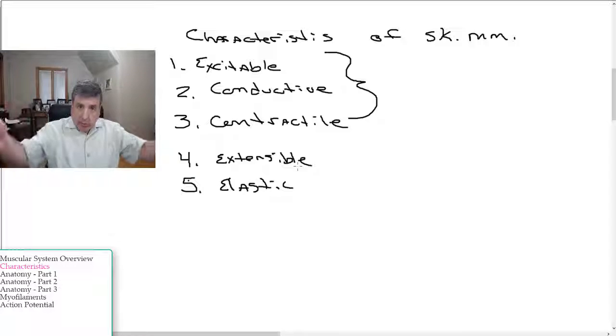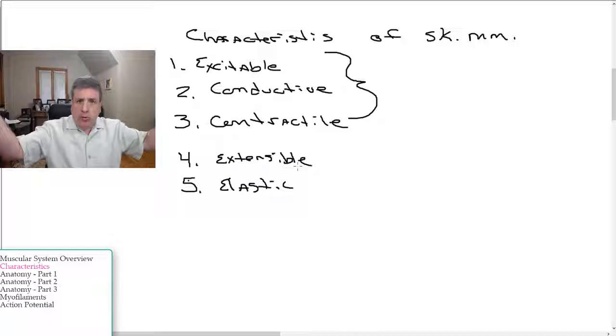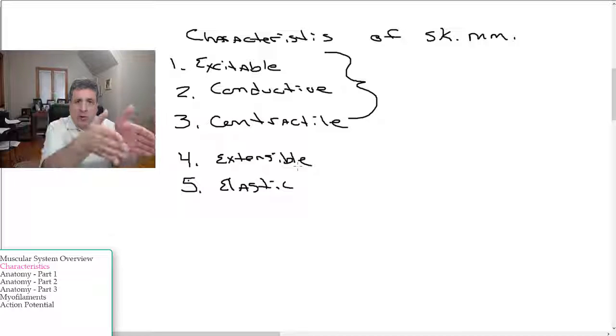Whether I stretch it, it can go back to its original length, or I can contract it, and then once that muscle's relaxed, it goes back to its original length. So the elastic portion is not just associated with the stretching, but also contraction, and then it would come back to its normal shape.